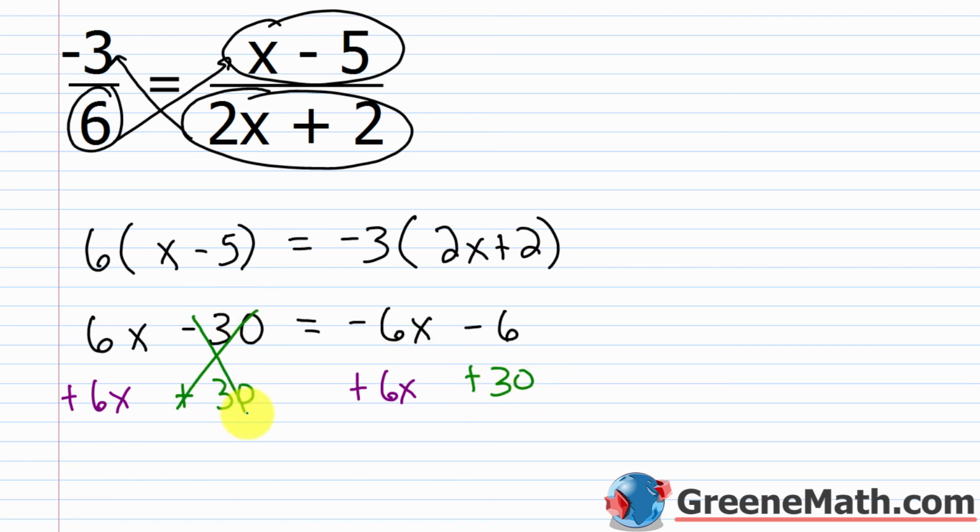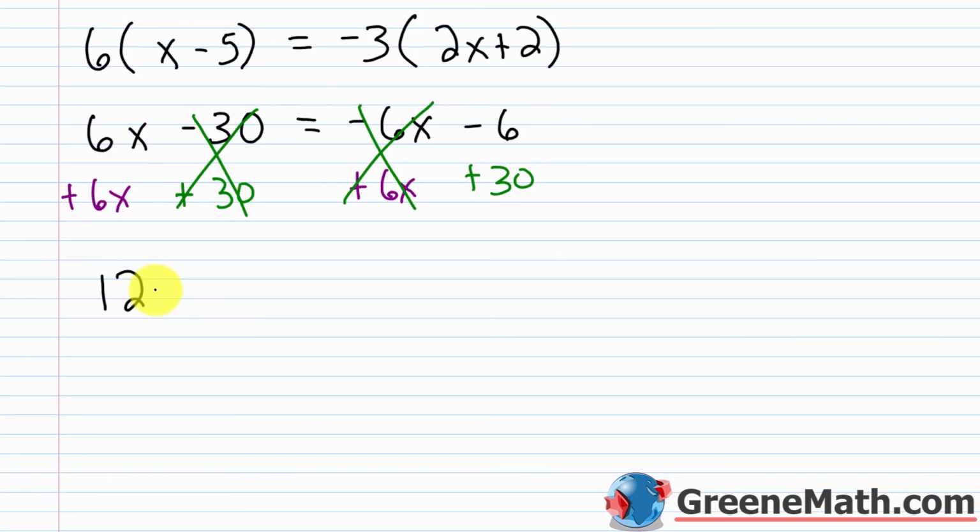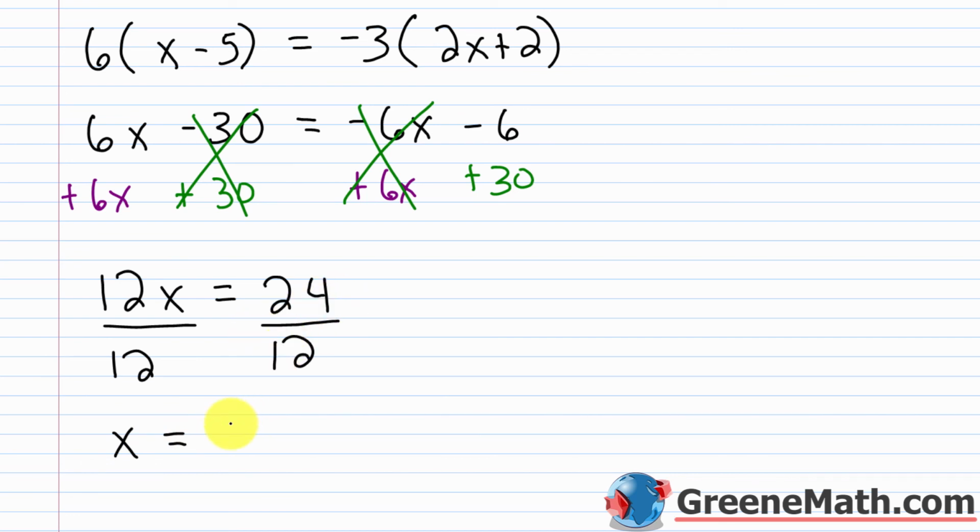So this will go away, and so will this. And what will I have left? 6x plus 6x is 12x. Negative 6 plus 30 is 24. Divide both sides of the equation by 12, the coefficient of x. And we get x is equal to, 24 divided by 12 is 2.